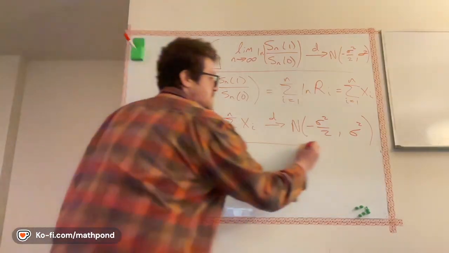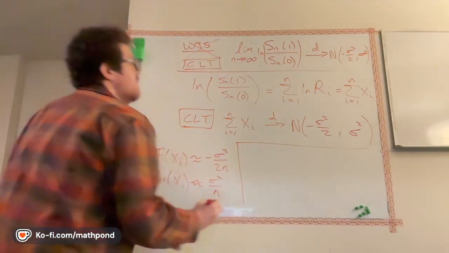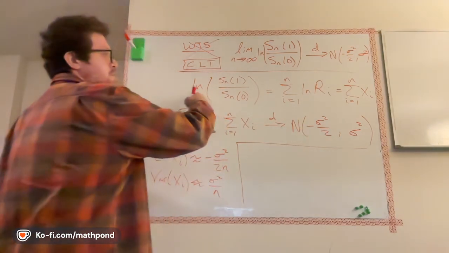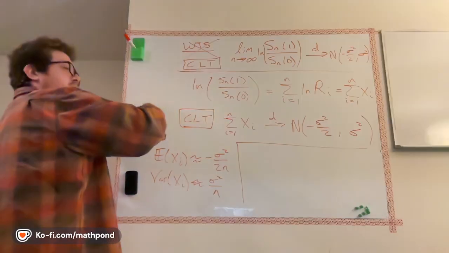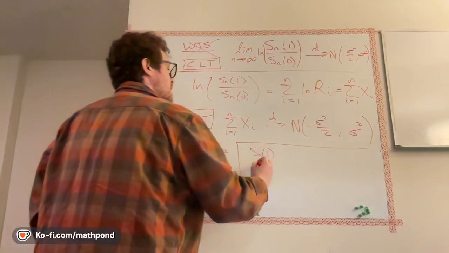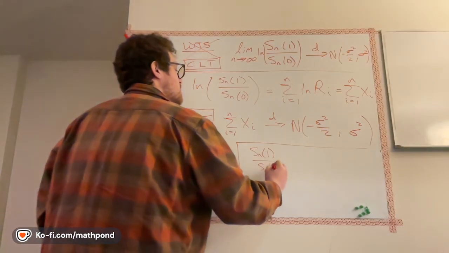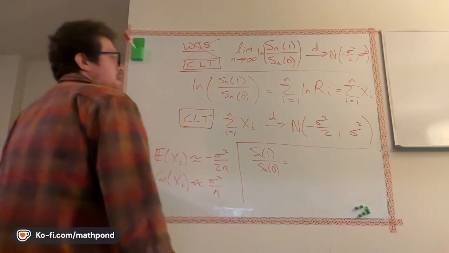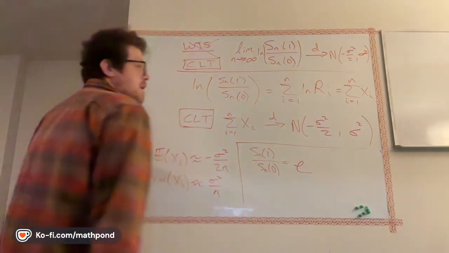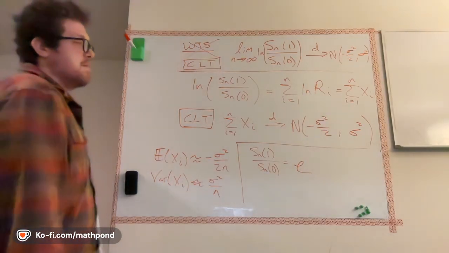So that's our conclusion essentially here: because this is converging in distribution to this, if I switch back from the log, Sn of 1 over Sn of 0 is e to some random normal variable.